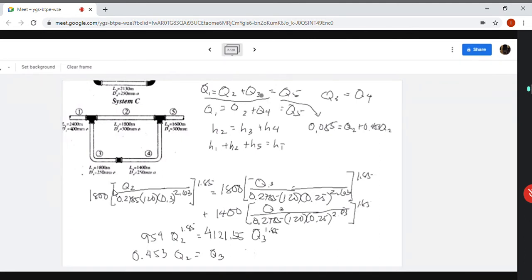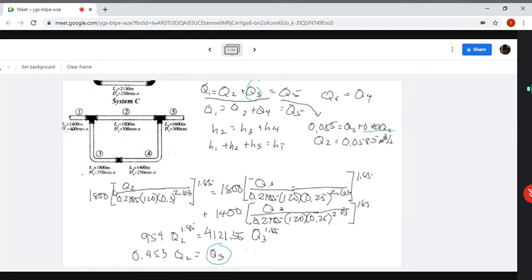Okay, so we substitute the value of Q here. So 0.085 divided by 1.453. So Q2 is equal to 0.0585 meter cube per second.